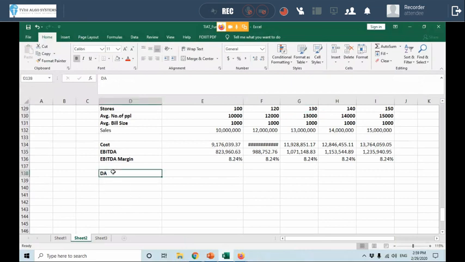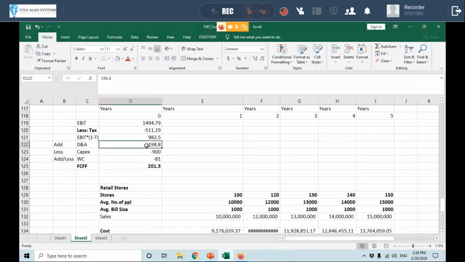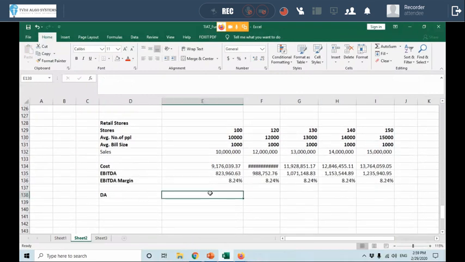Accordingly, my depreciation amount will change. It will keep on increasing because of the existing stores. What is my depreciation right now? 198. From 198, I will add 100 crores here as my capex.